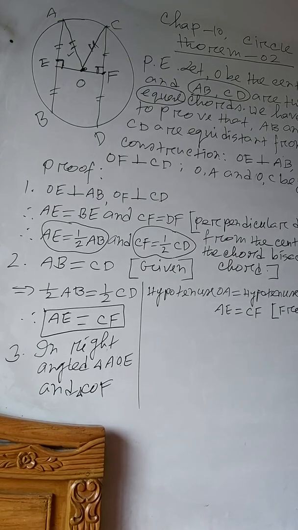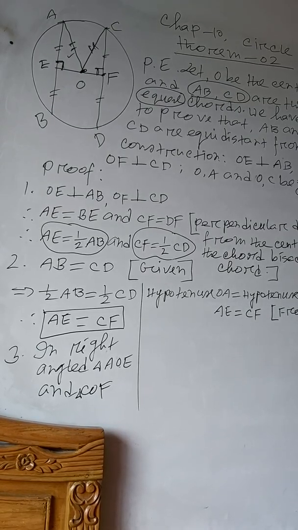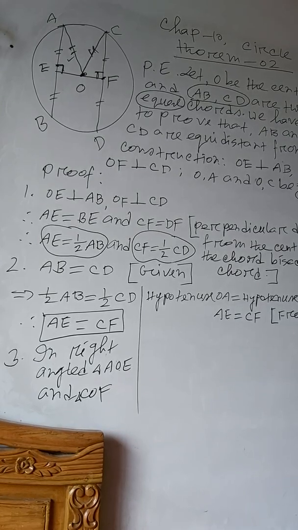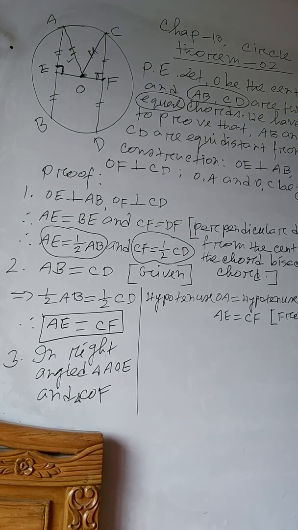In right angle triangle, to prove the congruent triangle, hypotenuse and one side will be needed. This is the sufficient condition to prove the congruent triangle.